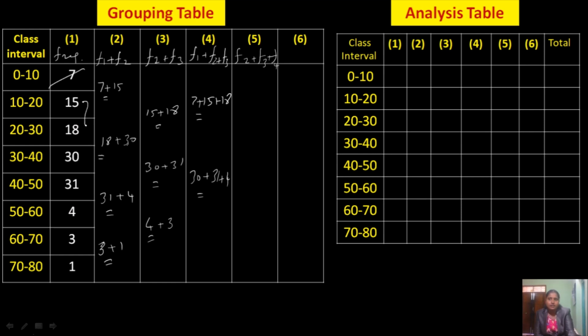Since you have only one frequency left, you leave it. That is 15 plus 18 plus 30, and 31 plus 4 plus 3. In column 6, you leave the first two frequencies and add the remaining frequencies in threes, that is F3, F4, F5. 18 plus 30 plus 31, then 4 plus 3 plus 1.